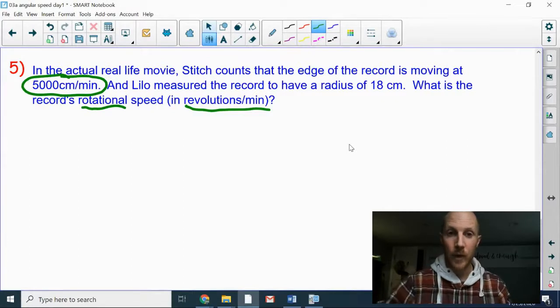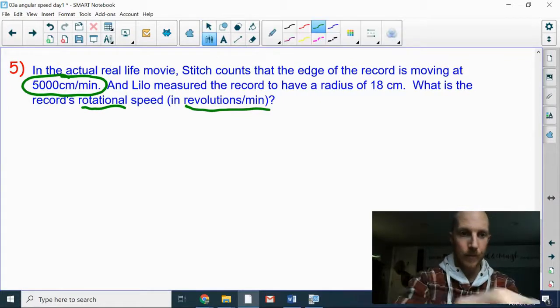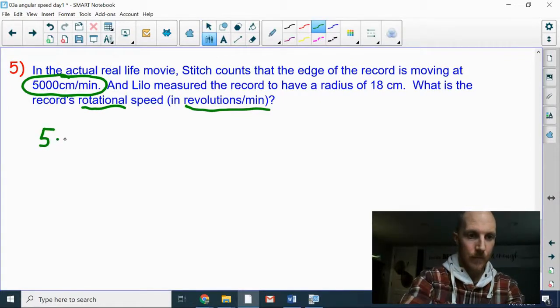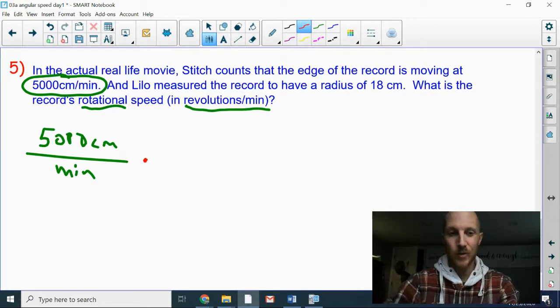All right, let's take this 5,000 centimeters per minute that we just had identified earlier. That'll be our starting point. Make that 0 look like a 0. Okay, and then my conversion factor is going to be the size of the circumference and the word revolution.